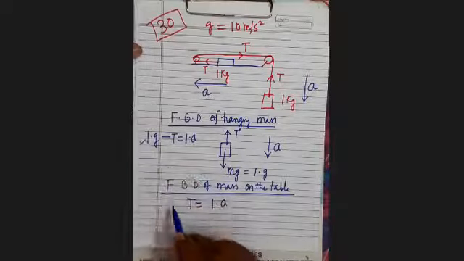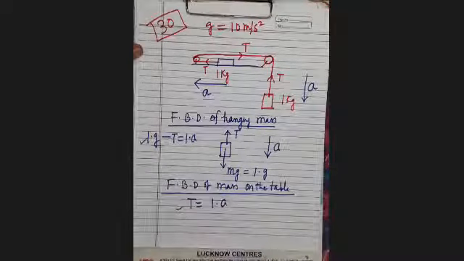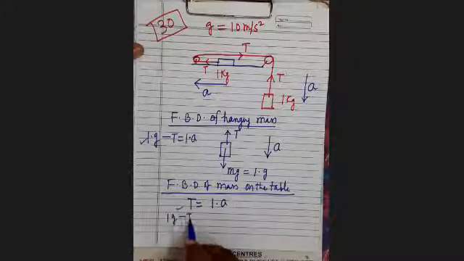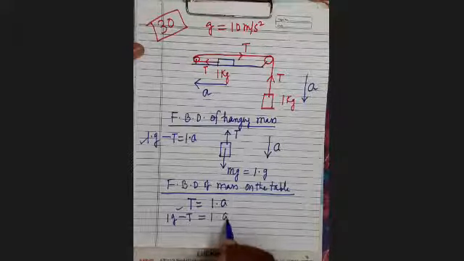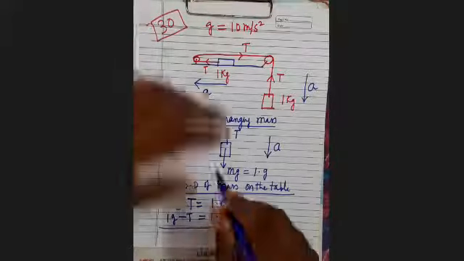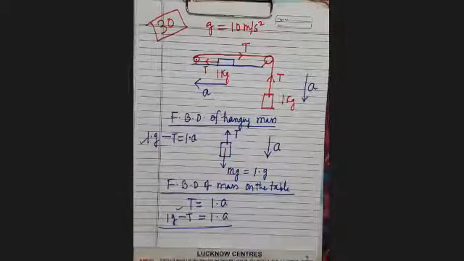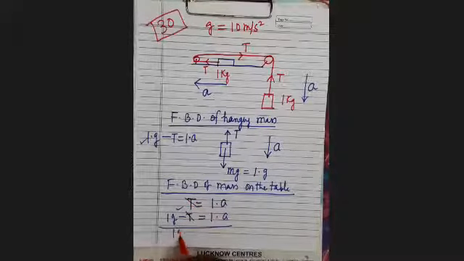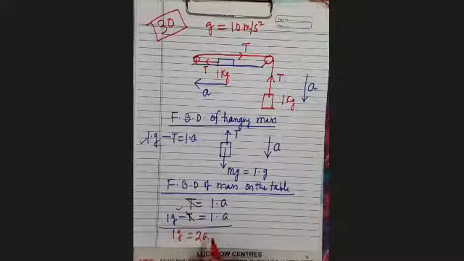When you add side by side, what will happen? Here you write down 1g minus T equals to 1 into a. T and T cancel. So it will be 1g equals to 2 into a.